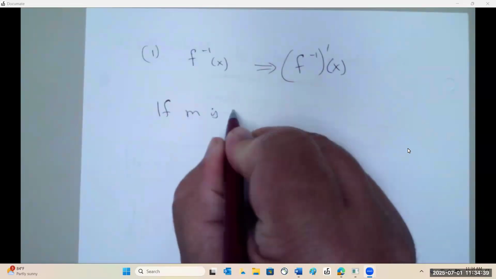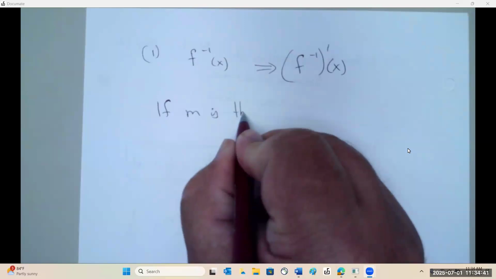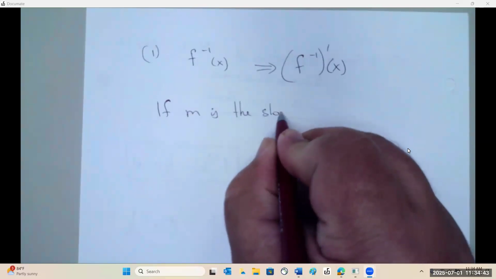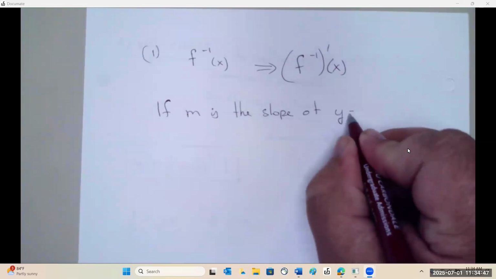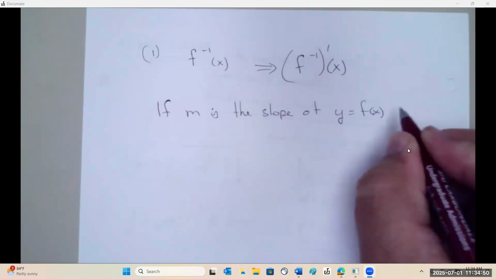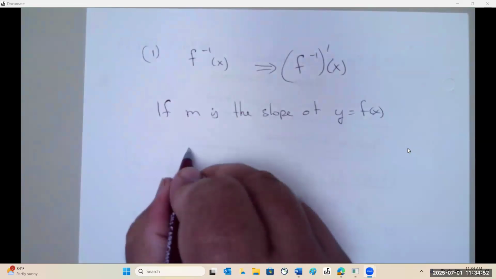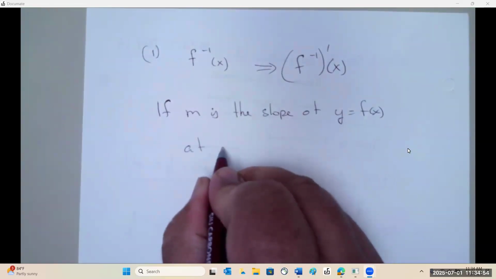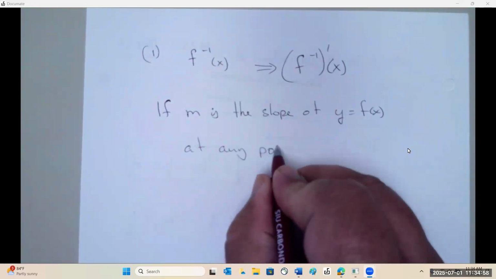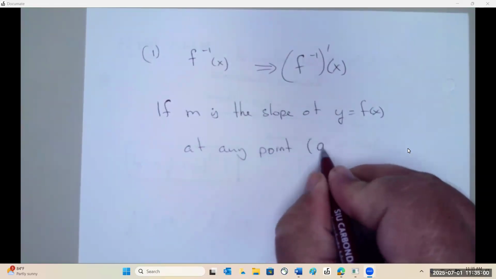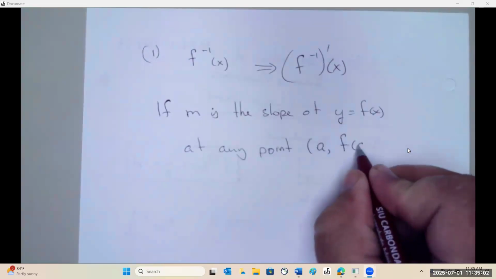m is the slope of y equals f of x at some point, or any point, which has to be continuous, a, f of a.